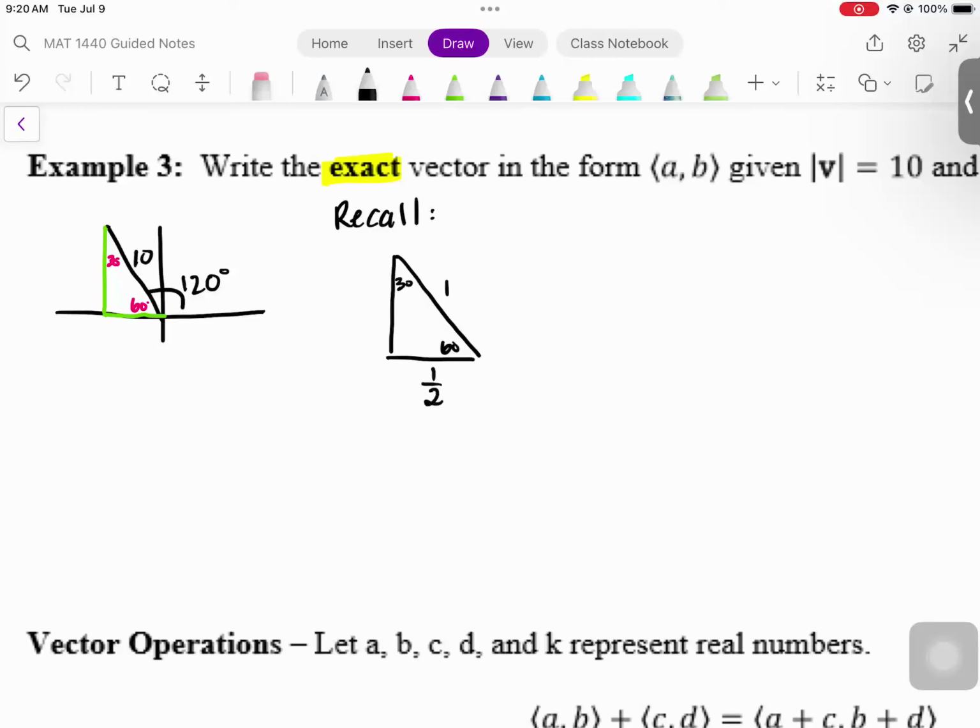We know that the x-coordinate is 1/2 and the y-coordinate is square root of 3/2. But if we generalize this for any radius r, the side opposite our 30-degree angle is going to be 1/2 times r, or r divided by 2. And then the side opposite our 60-degree angle is the square root of 3/2 times that radius r.